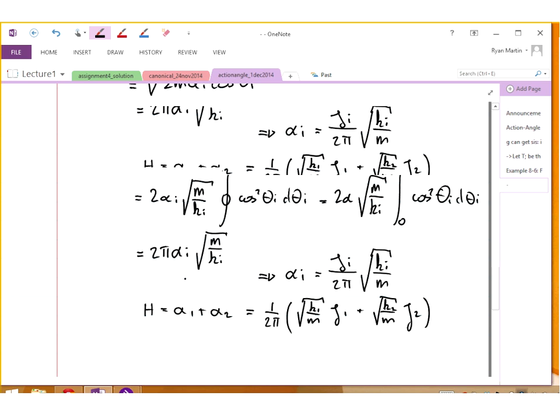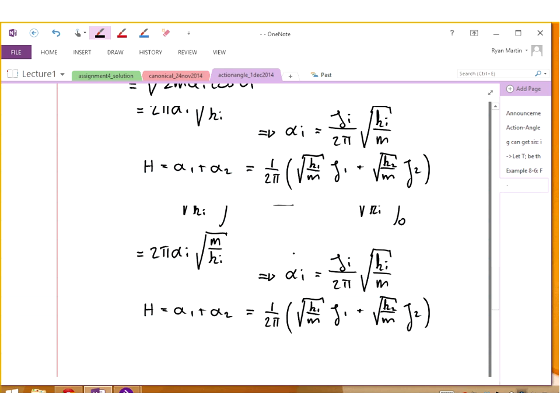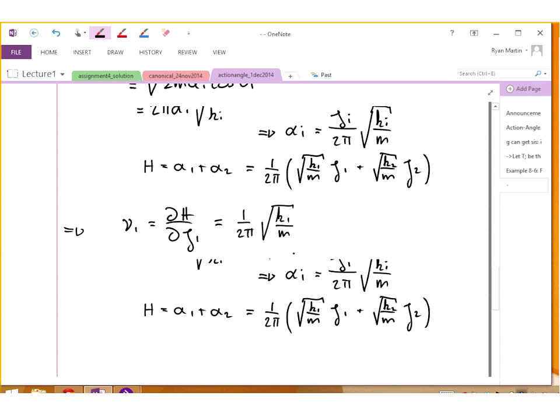So the partial of H with respect to J_1 is 1 over 2 pi times the square root of k_1 over m. And nu_2 is the partial of H with respect to J_2, and that's 1 over 2 pi square root of k_2 over m. So remember, these are frequencies, not angular frequencies, so that's why there's a 2 pi in them.